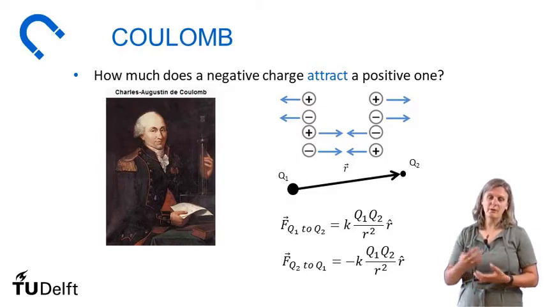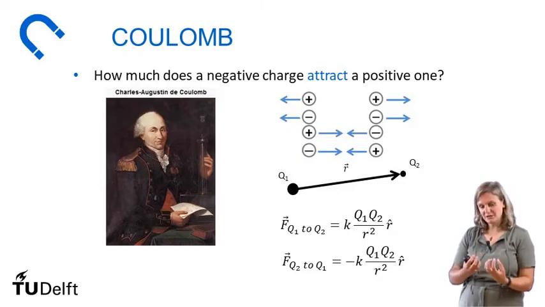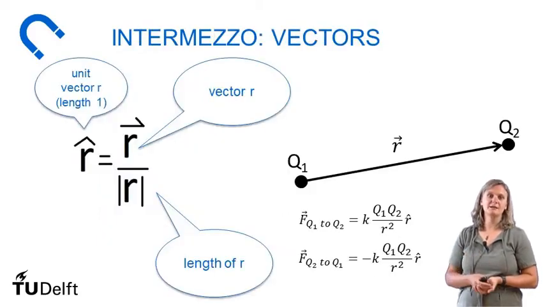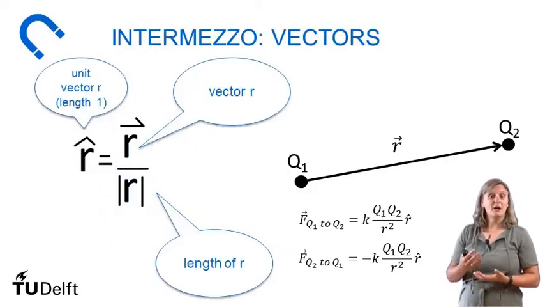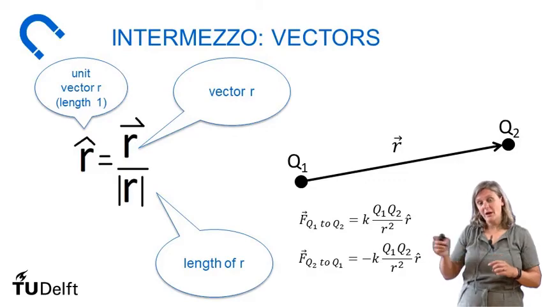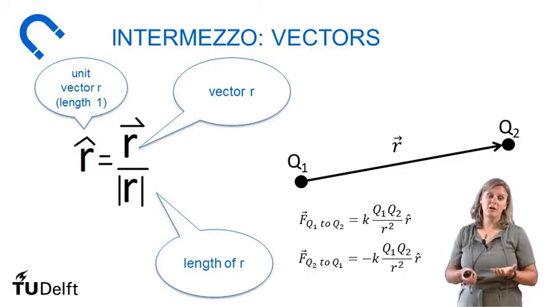Okay, so now we went very rapidly from something very obvious, that two forces attract each other, to something as complicated as R hat. Let me tell you, it's not that complicated. What in the end R hat is, it is the unit vector of R. So what that means is it's a vector, a direction, with a length of 1.